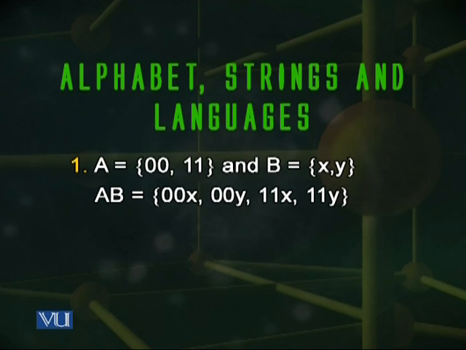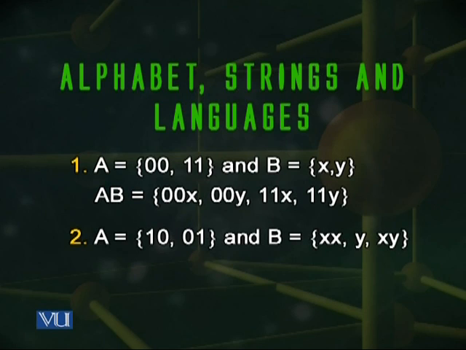Notice that I have taken every string of A and every string of B and concatenated them and put them in my set AB. Another example is when the set A consists of 10 and 01, and the set B consists of XX, Y, and XY. In this case, notice that B has 3 strings, but they're not all of the same length.